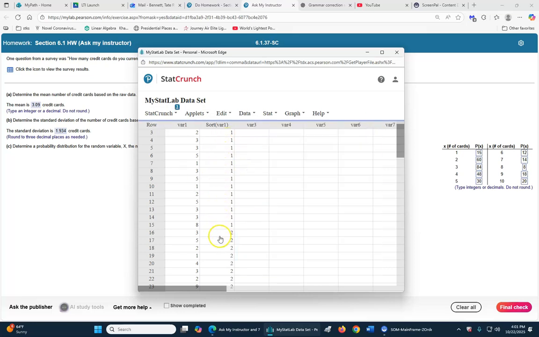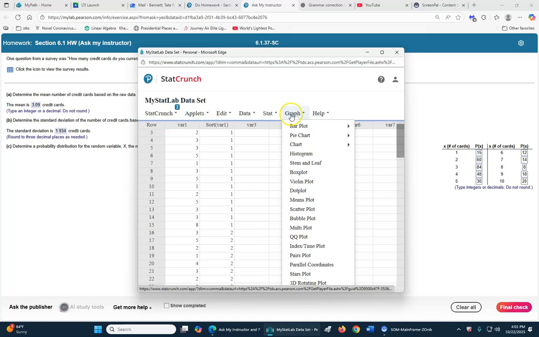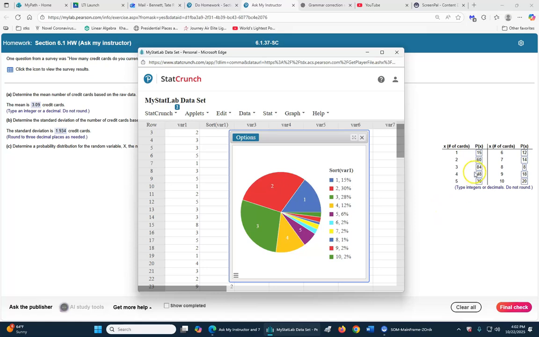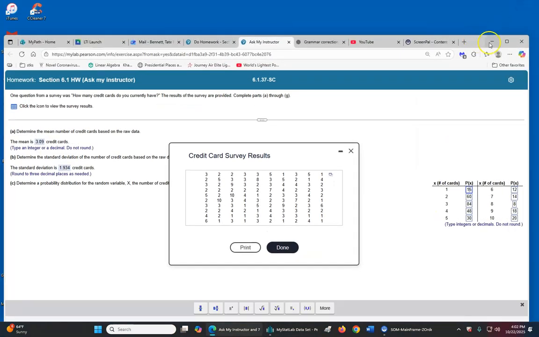You see. Oops. I'll bring that pie chart back up. So over here, I don't know if it'll let me fix that or not.